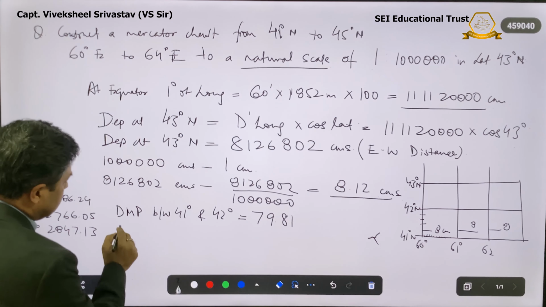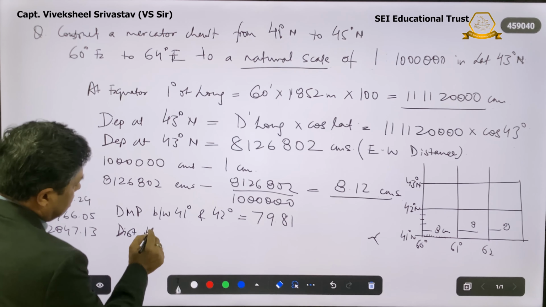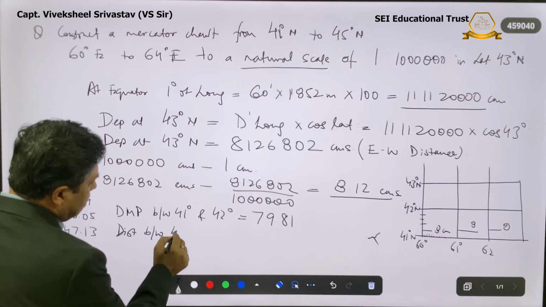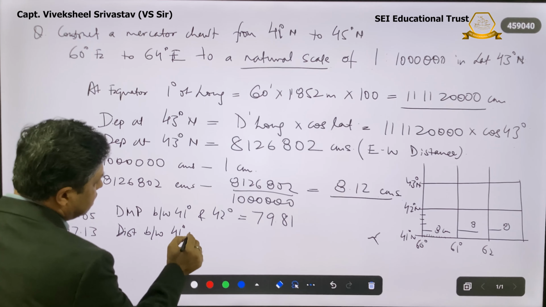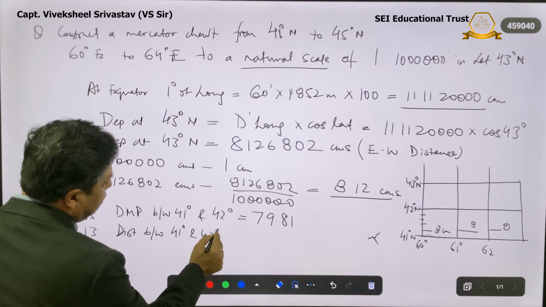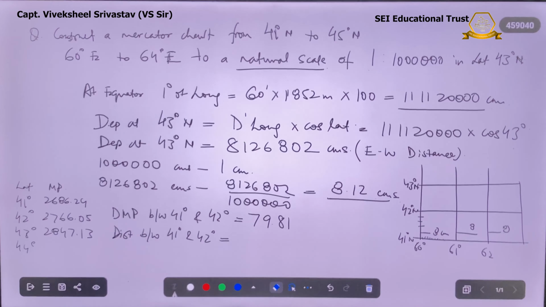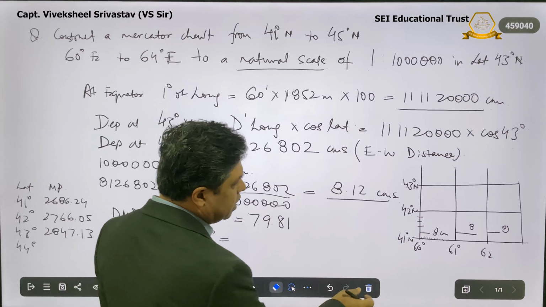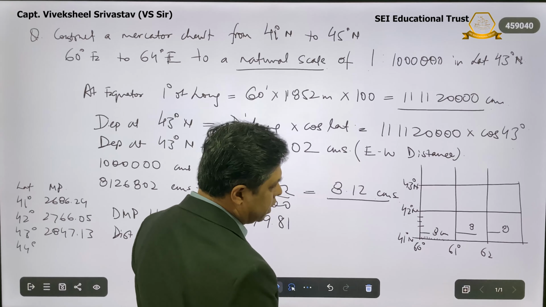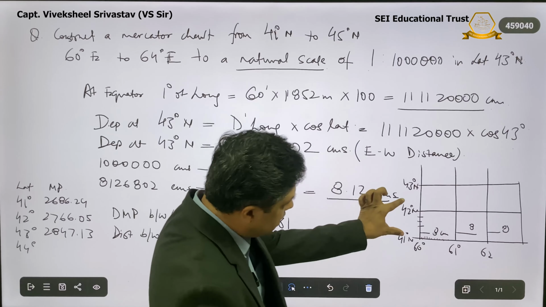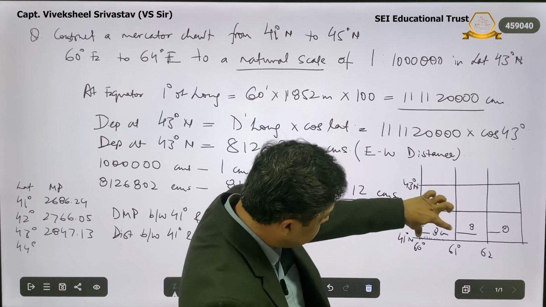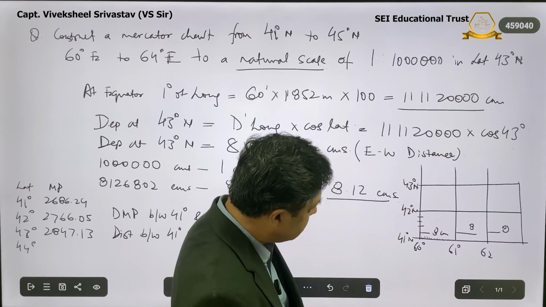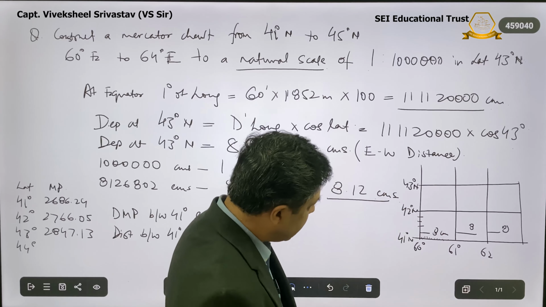So we have to find out the distance between 41 degrees and 42 degrees north. The DMP is how many minutes of longitude can be placed between these two latitudes.